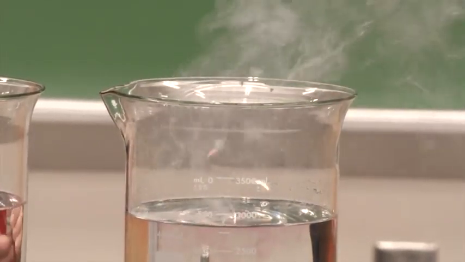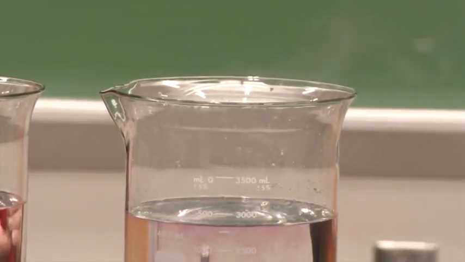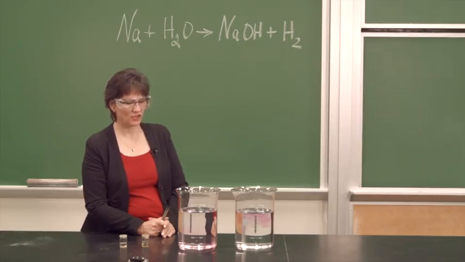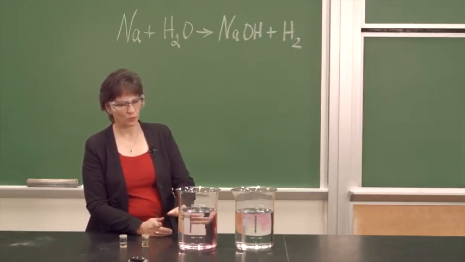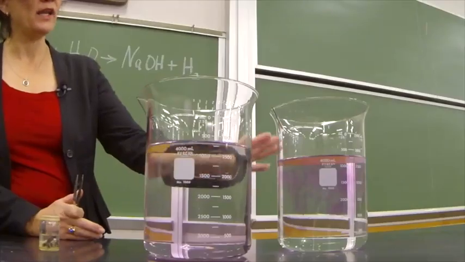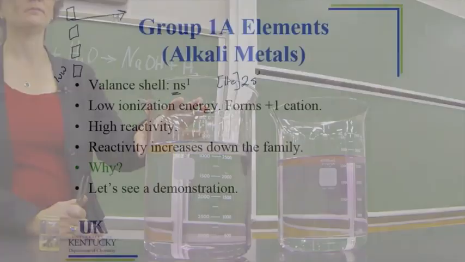We have the flame occurring, and it reacts more rapidly. It's done. So we see the two reactions. They're both reacting with the water. We see them happening easily, but one is more reactive. The potassium is more reactive than the sodium.